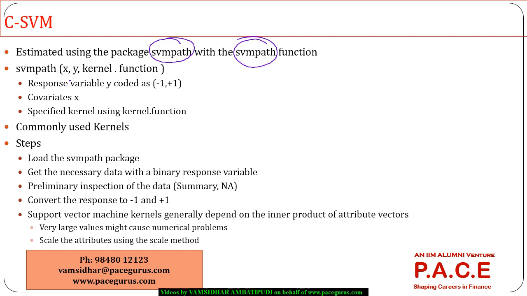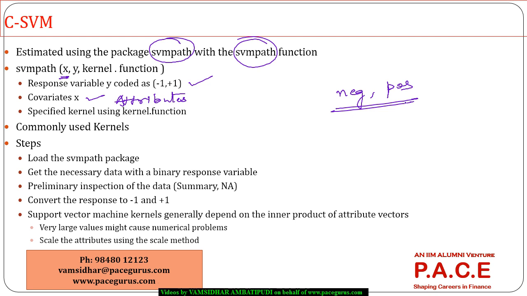So here are a few important things that I would be using. In svmpath, the X values are my attributes, typically the covariates, right, which are used for building the relationship to the response variable. The response variable needs to be coded as -1 and +1, whereas right now it is coded as negative and positive. So let's try to change it to -1 and +1.